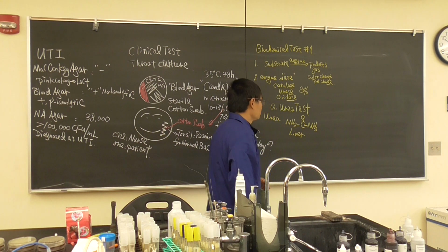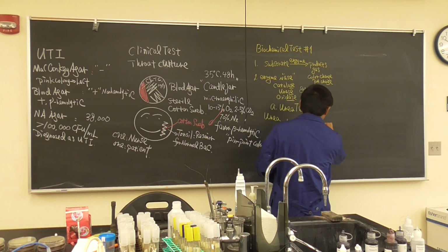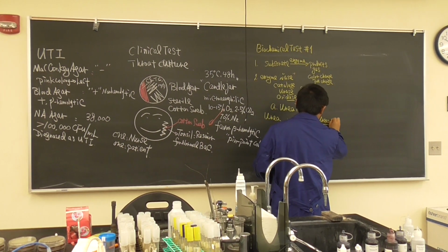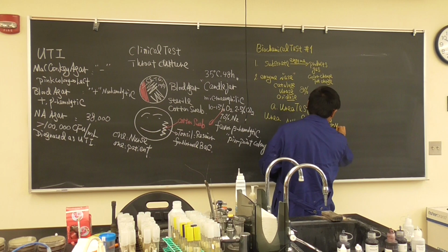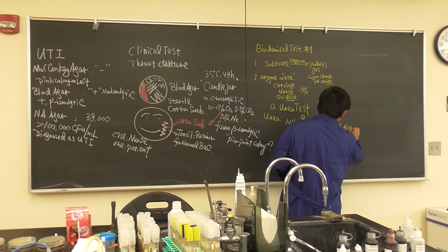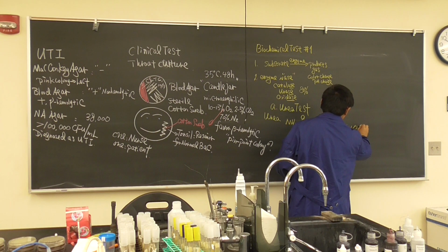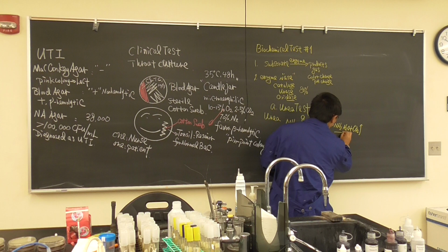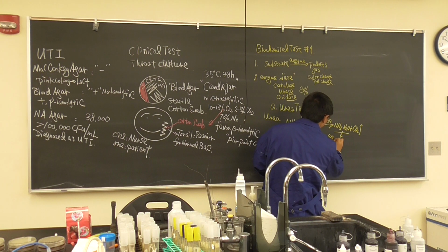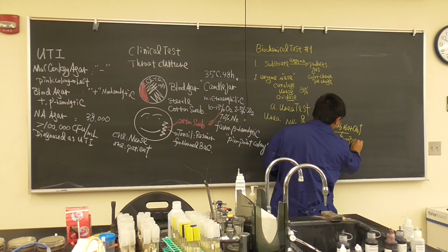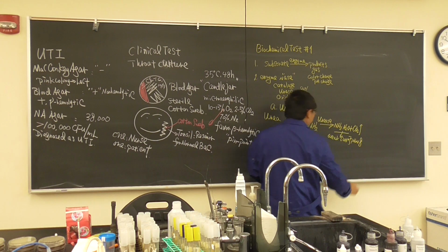If the bacteria has urease, it will break down urea into ammonia and carbon dioxide. And ammonia is a weak alkaline, you know that. It is a weak alkaline, with a pH of around 8.